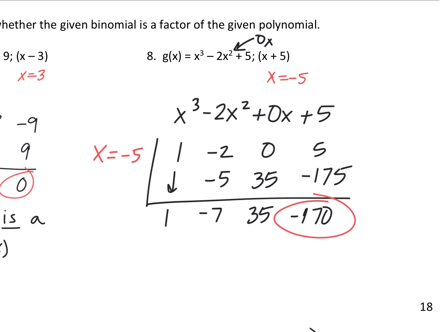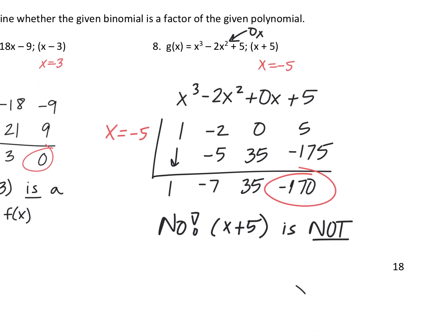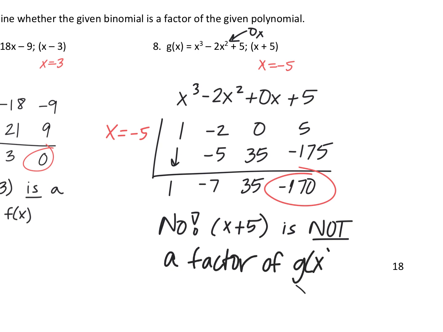No, because that's a lot of remainder. No. So you should say no. What we are trying to divide, x plus 5, is not a factor of g of x. Okay.